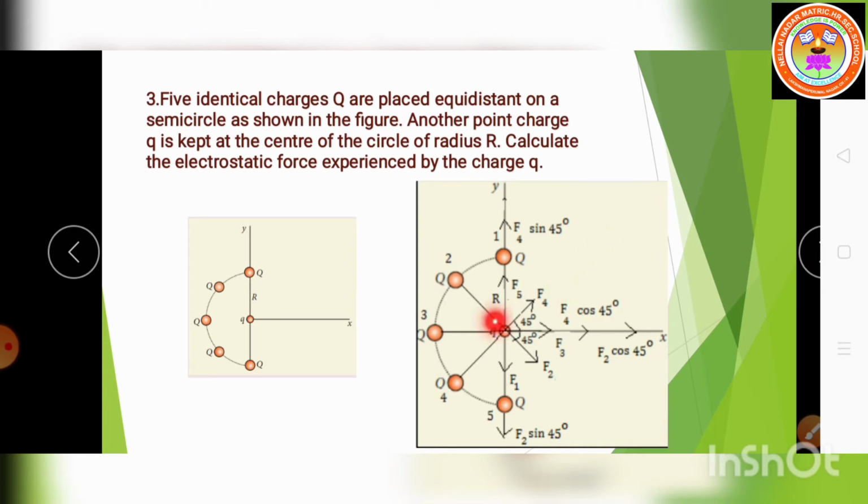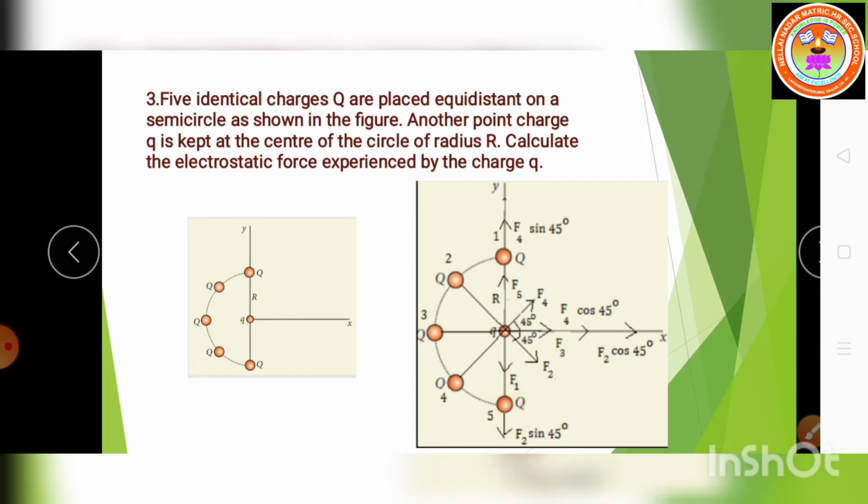So here I can resolve the horizontal component as F4 cos 45 degree and the y component, listen children, F4 sin 45 degree. Similarly, F2 is resolved into F2 cos 45 degree along the x direction and F2 sin 45 degree along the y direction.